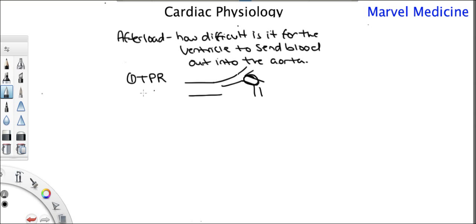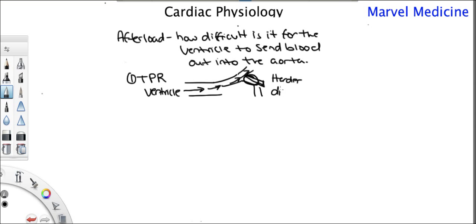Because when you have your ventricle here, and this is my aorta, I'm sending blood through here, right? It goes to the aorta, goes into my other arteries here, right? Now, what this is sensing is how narrow these arteries are. If they're really narrow, would it be harder or easier to send blood through them? If they're narrow, it would be harder, right? More difficult to send blood through.